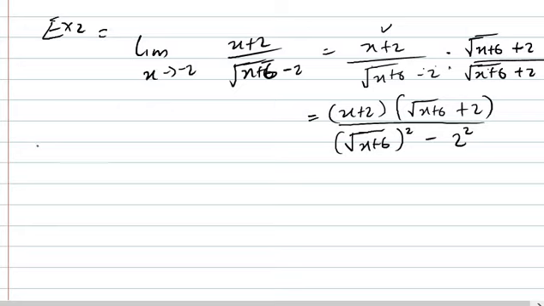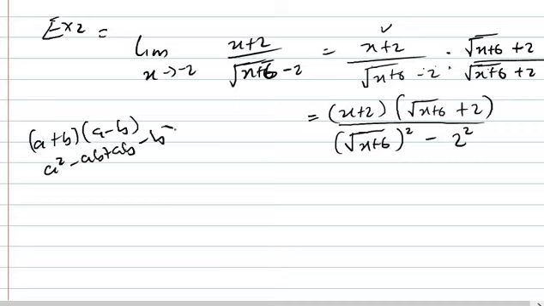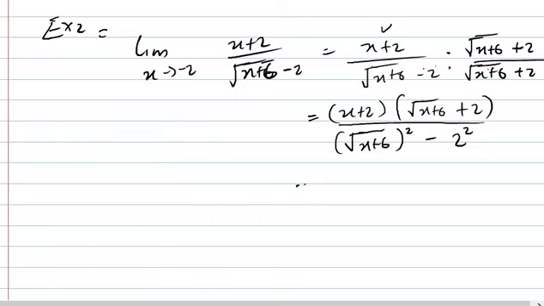You can do a plus b times a minus b, and factorize this: you have a squared minus ab plus ab minus b squared. So this goes with this, so there's no need to compute the parentheses.